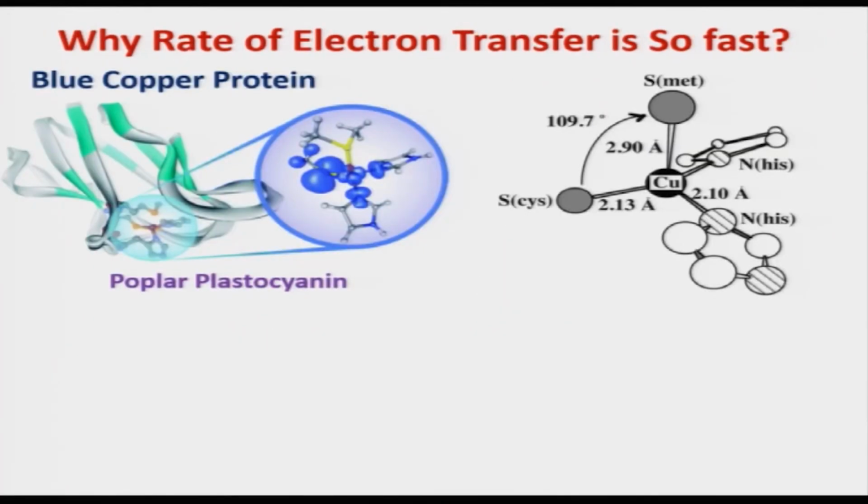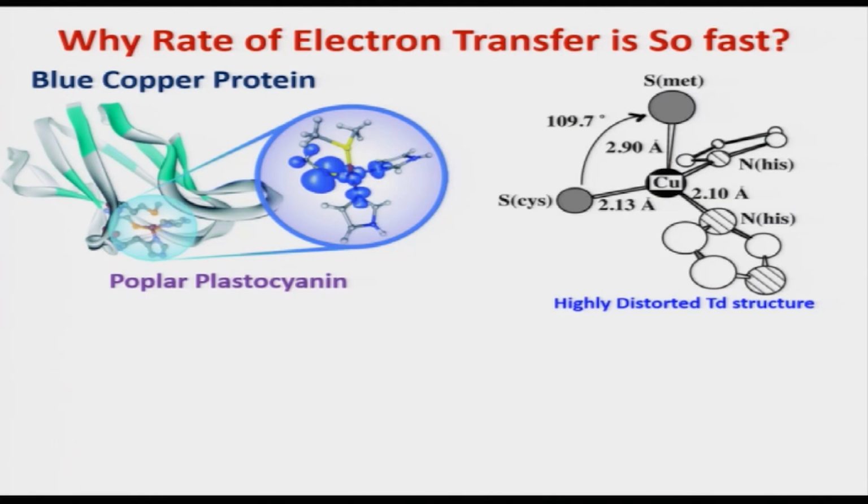So, blue copper protein structure is shown over here. As you can see, this angle, cysteine sulfur, copper and methionine sulfur, is 109.7 degrees. Basically, this is a highly distorted tetrahedral structure with a very long copper thioether bond of 2.90 angstrom.